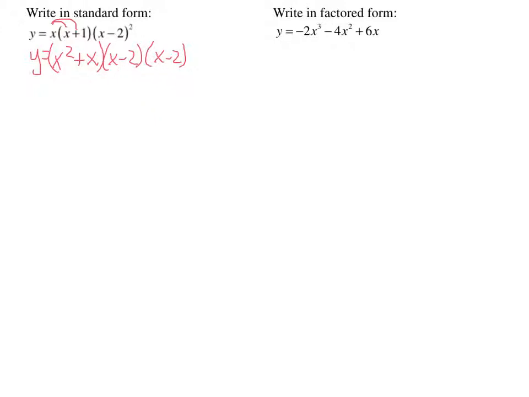So as I FOIL this, I'm going to multiply this through. So I now have y equals, I still have the x squared plus x. And as I FOIL this, x times x is x squared. Now hopefully you can see as I multiply this times this and this times this, won't that be a negative 4x?